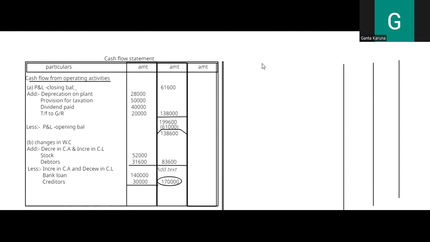I got it. And from this one, I have to minus 1,70,000. So when I minused it from my total of operations, I got the total of 52,200.